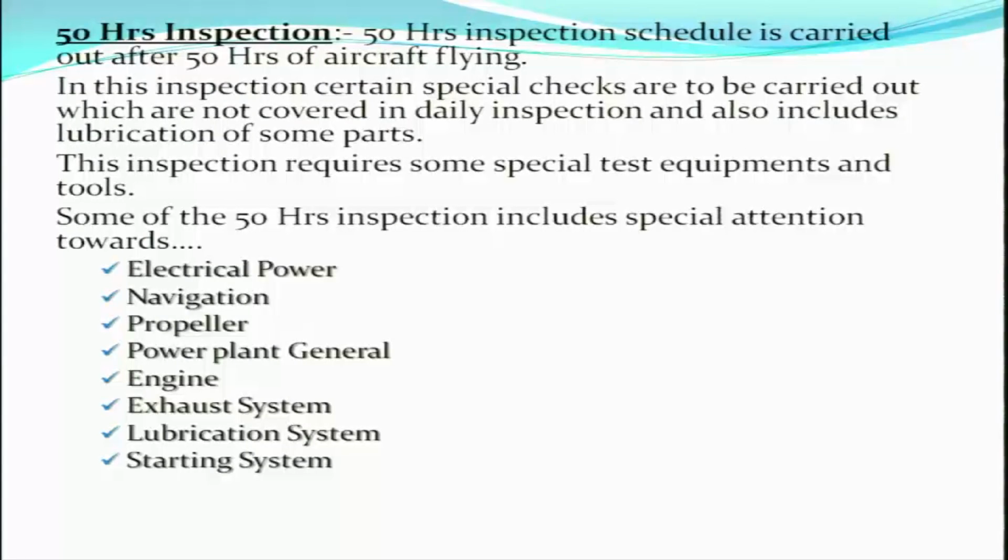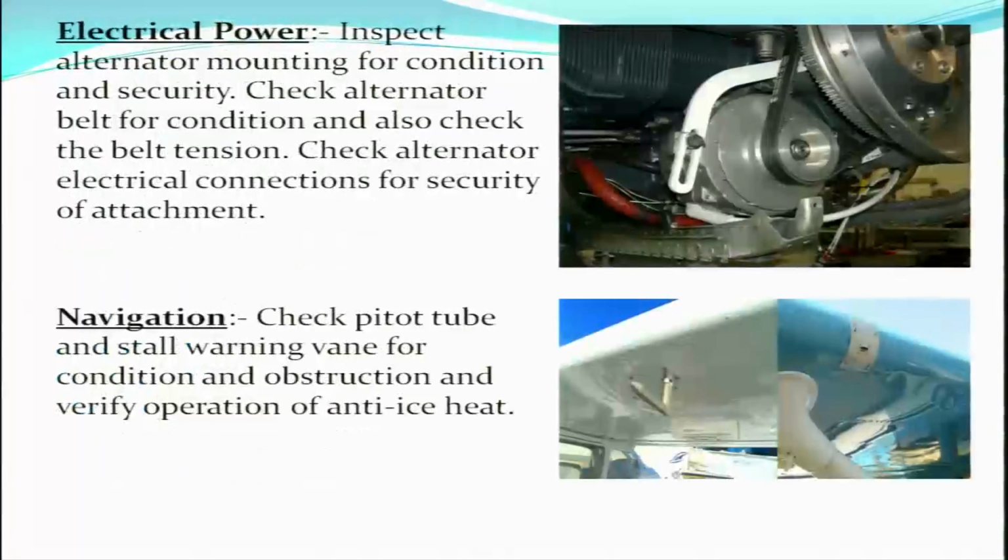Some of the areas where we need to inspect in this inspection schedule are electrical system, navigation, propeller, general power plant, engine, exhaust system, lubrication system, starting system. So these are the different areas where we inspect in this schedule.